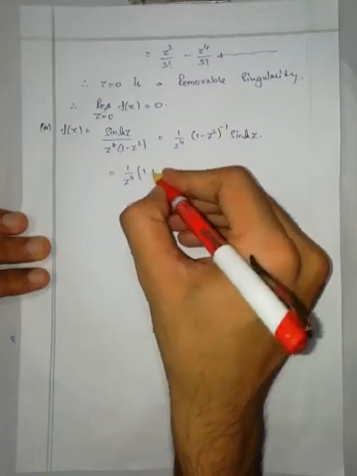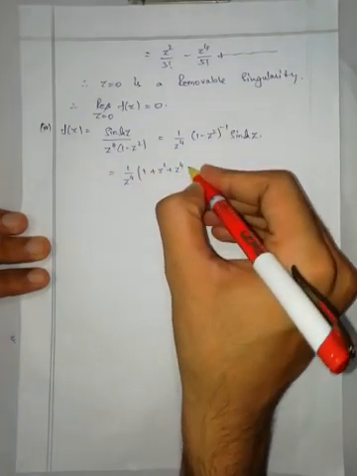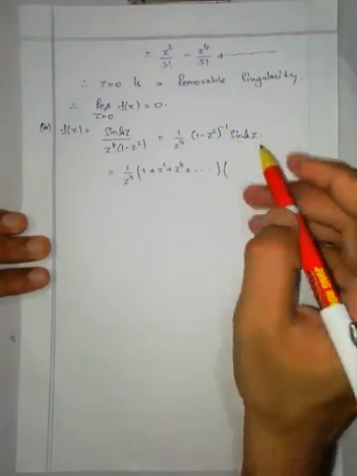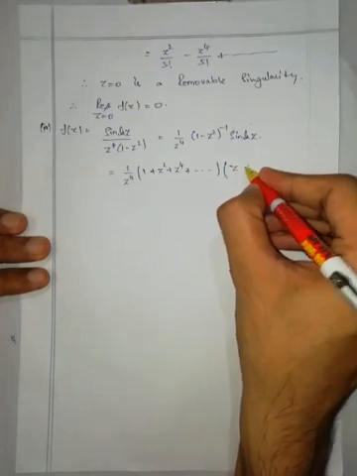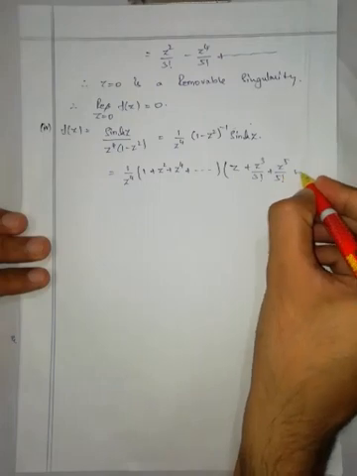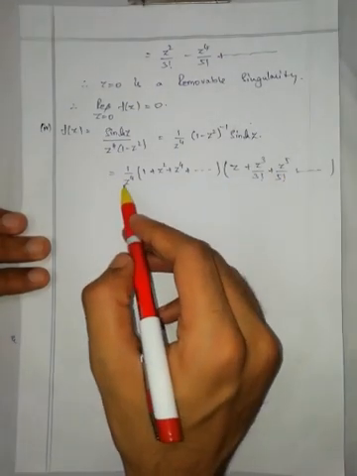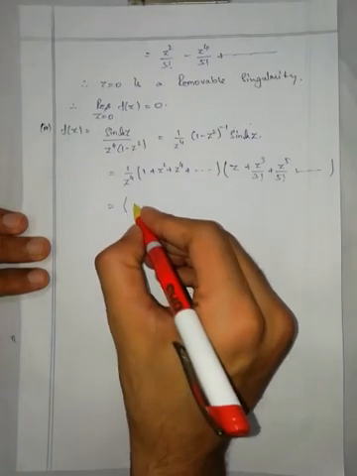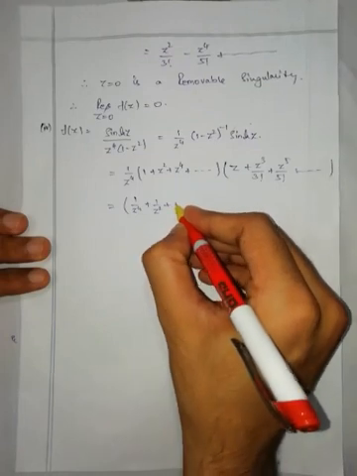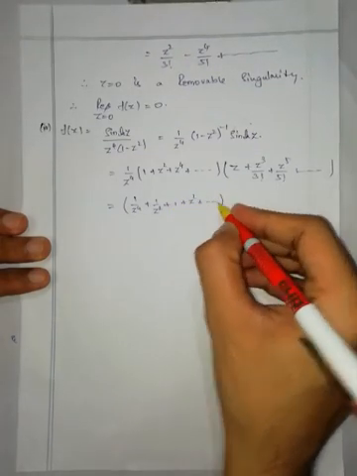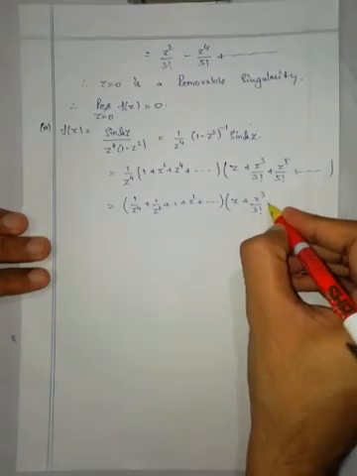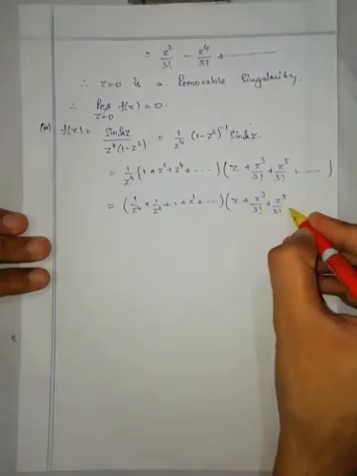Expand this one, 1 plus z square plus z power 4 plus so on into, expand hyperbolic sin z, that is z plus z cube by 3 factorial plus z power 5 by 5 factorial plus so on. Now first I am multiplying this one, 1 by z to the power of 4 plus 1 by z square plus 1 plus z square plus so on into this one, z plus z cube by 3 factorial plus z power 5 by 5 factorial plus so on.